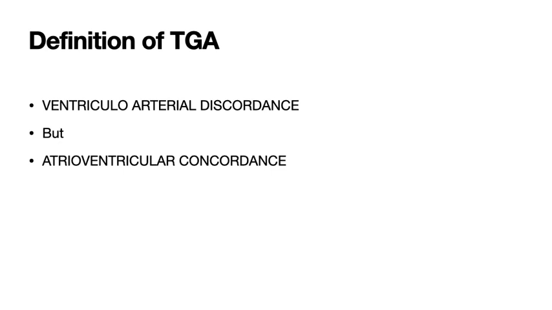Now, the atrioventricular concordance they're talking about is the right atrium, the morphologic right atrium, does hook up to the morphologic right ventricle like it's supposed to. And left goes to left like it's supposed to.